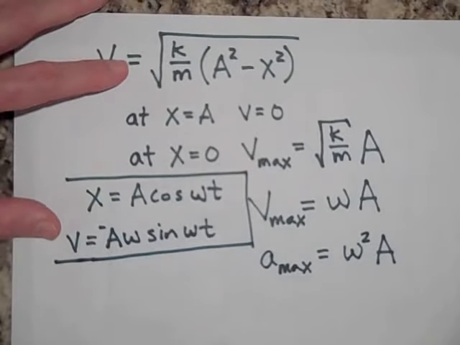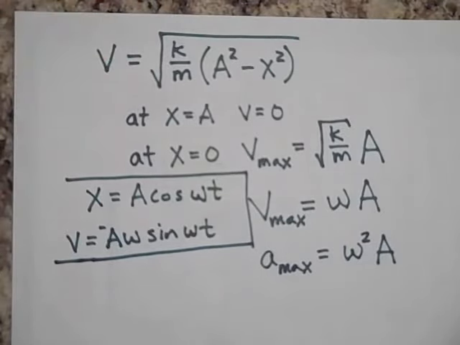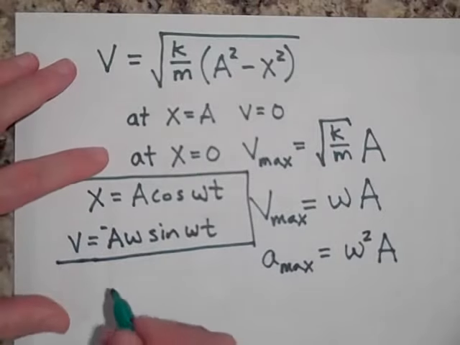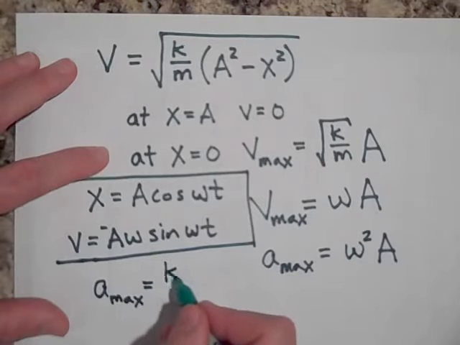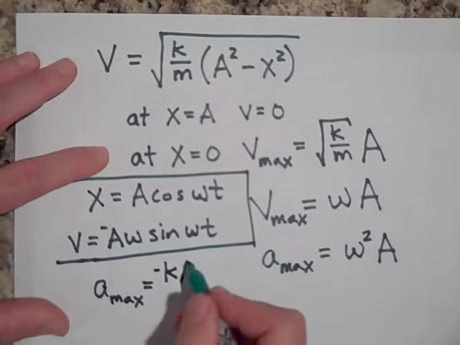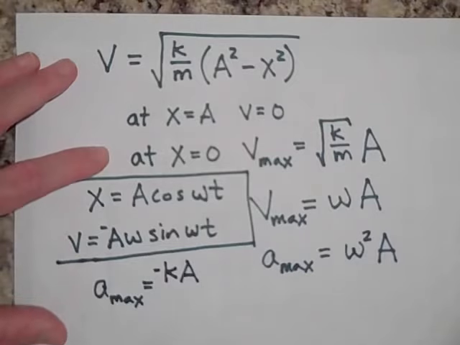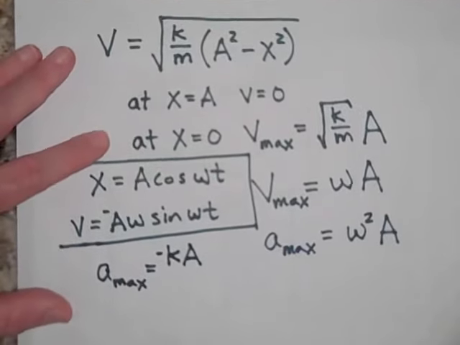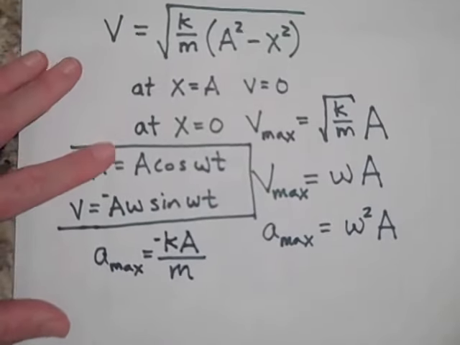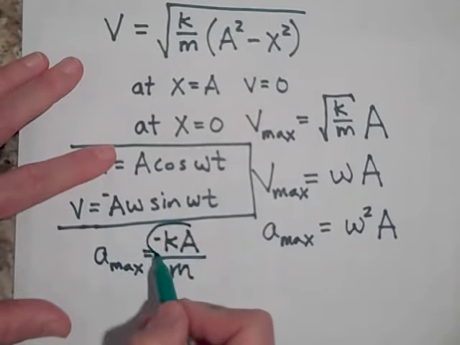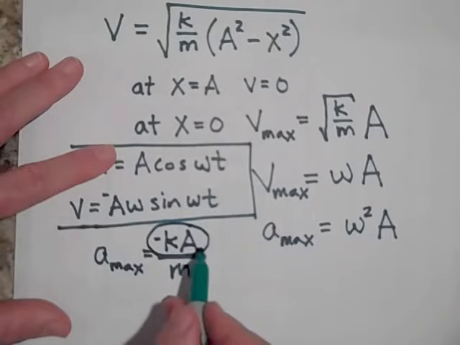Well, that's because you get your maximum a when you have your maximum force. And what's your maximum force? Your maximum force is negative kA, divided by m. This is the biggest the net force gets, negative kA. And then you divide it by m, and that gives you a max.